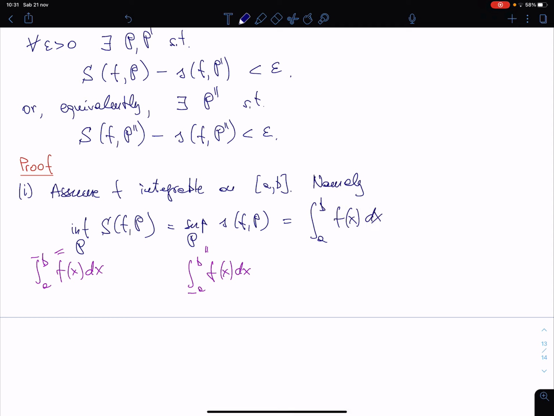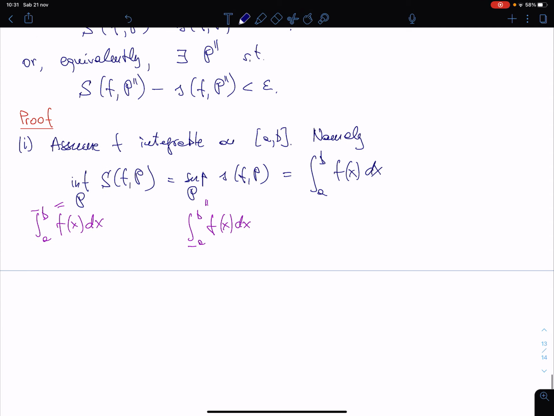Okay? So now let epsilon be an arbitrary positive number larger than 0.